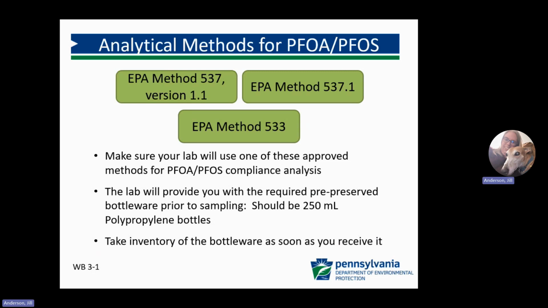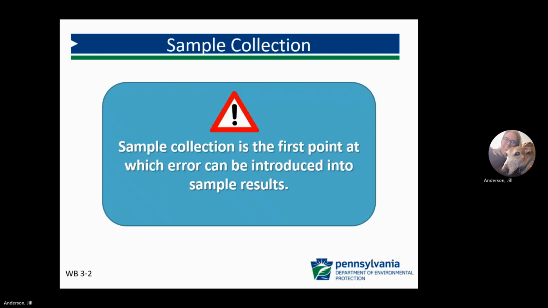The lab will provide you with the specific pre-preserved bottles required by the method prior to sampling. Take an inventory of all bottles as soon as you receive them from the lab. Immediately contact the lab to address any questions or discrepancies so that the lab has time to send the correct or missing bottles prior to your sampling event.